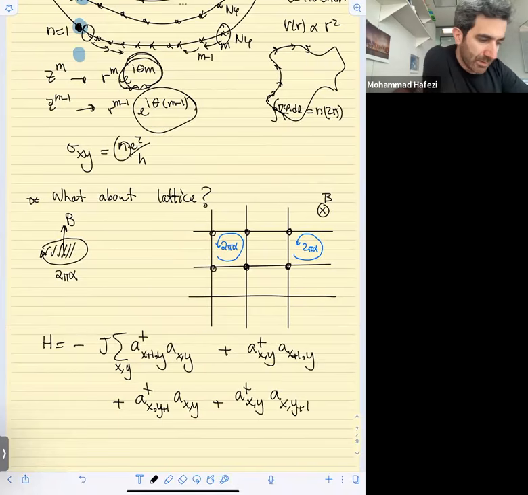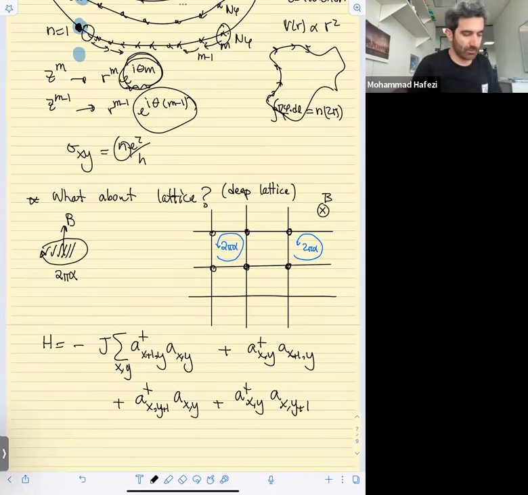So I assume a deep lattice. Then the electronic wave function, the Wannier function, is like this, but it can hop either in the Y direction or in the X direction.